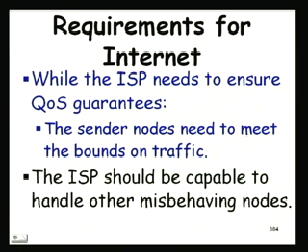Now, if it misbehaves, that is, the sender is transmitting too much data or too bursty data, then the ISP should be able to handle the misbehaving node, because otherwise the other nodes will suffer, right. So, if a transmitting node does not adhere to the contract, then the ISP should be able to penalize that, possibly disconnect it.